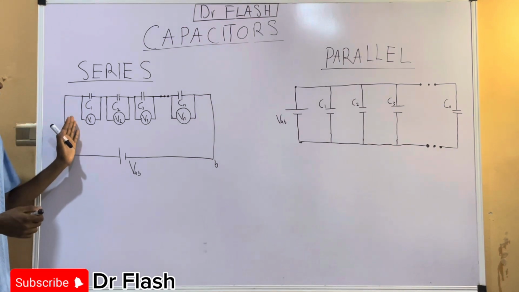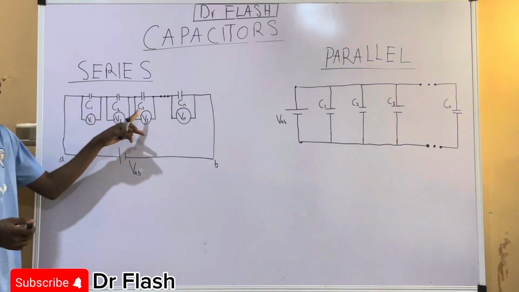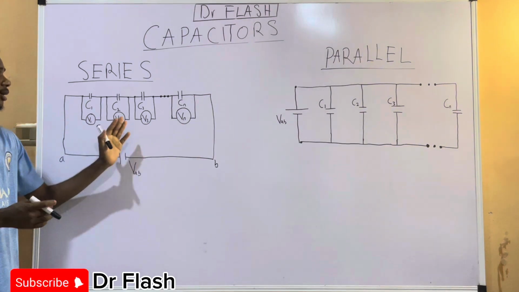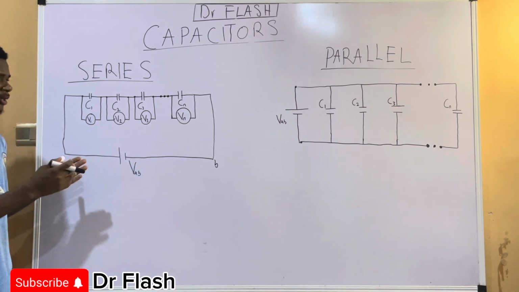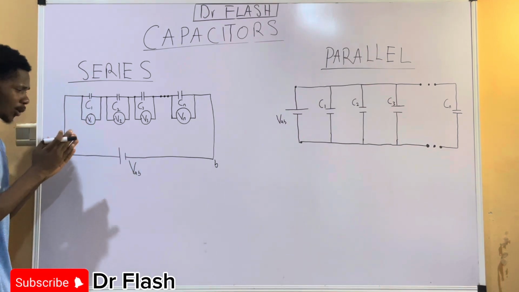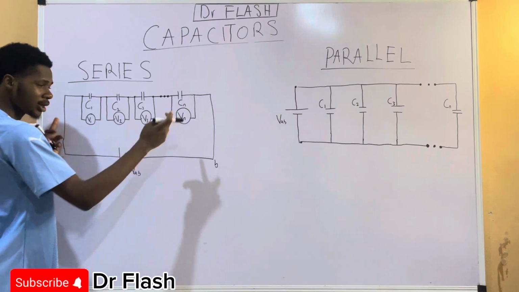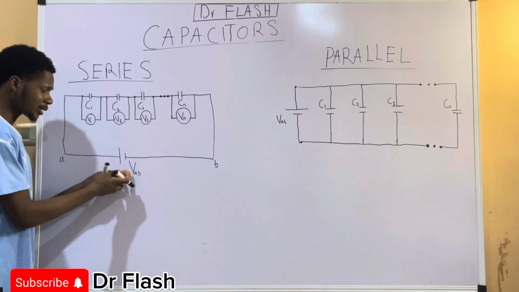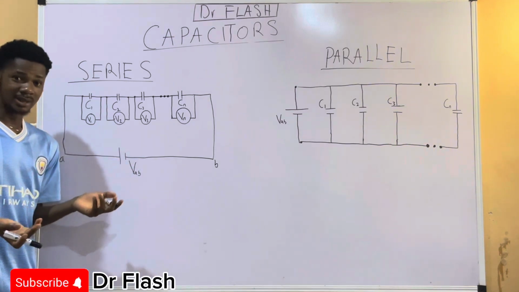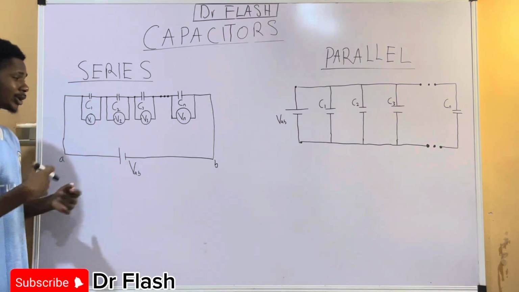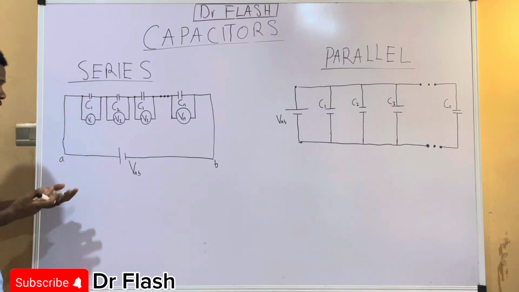Now, since we know that V1, V2, V3 down to Vn represent the individual voltages for each of these capacitors, it simply means that if we take the sum of these voltages, we're going to get back the voltage that is being supplied, assuming that the wires have negligible resistance, and the capacitors as well. So we're going to neglect all of these considerations.